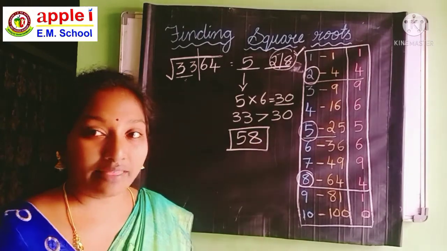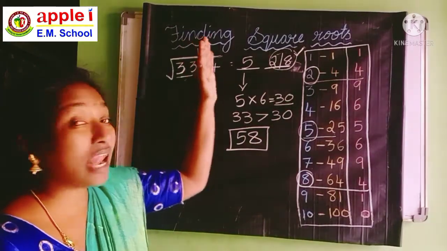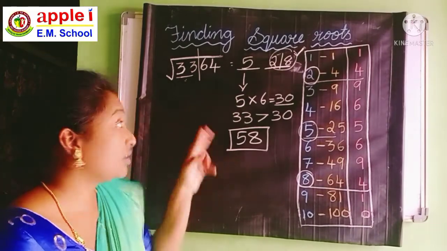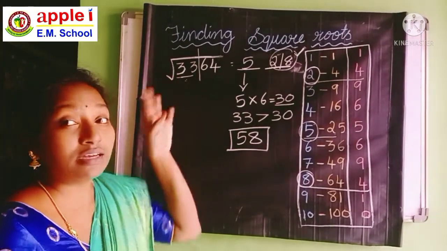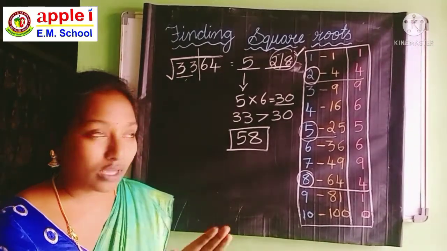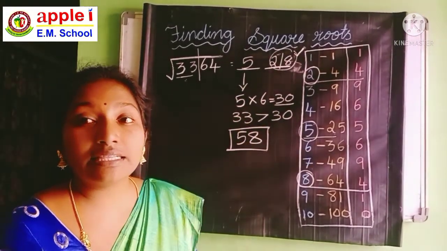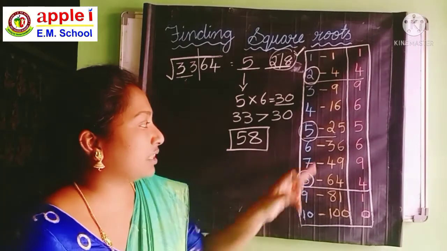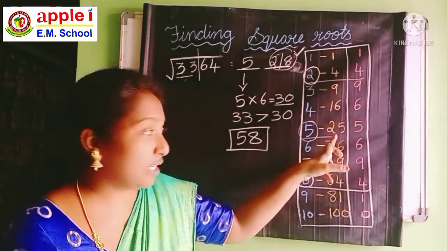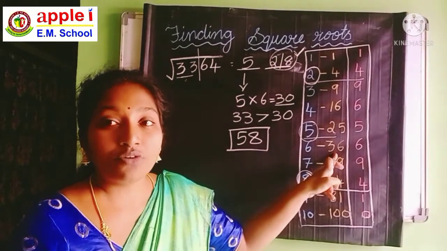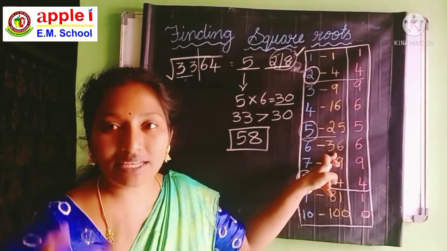The next step: ignore the last 2 digits and see the remaining digits. What are the remaining digits here? 33. Now check in the squares where 33 will fall. 33 will fall between 25 and 36, so we take the smallest number.